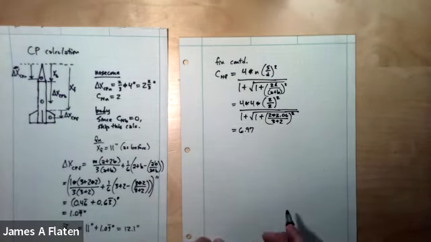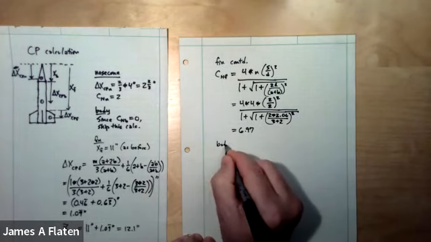Now that I have one fin, I want to figure out the impact of having this fin offset. So now it's time for the body interference factor.